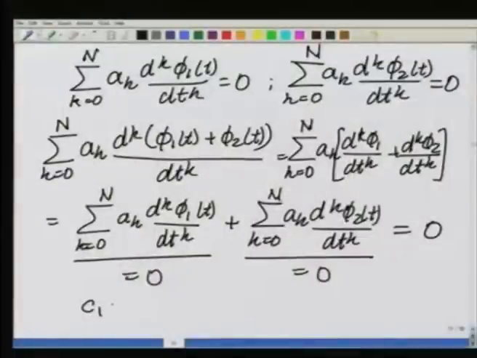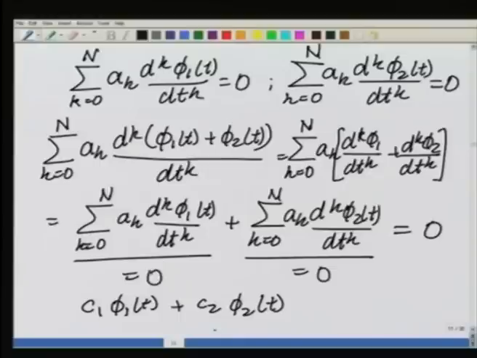You can in fact easily establish a slightly more general result, that is that if phi 1 and phi 2 are solutions for the homogeneous equation, then in general C 1 phi 1 t plus C 2 phi 2 t solves the homogeneous equation.